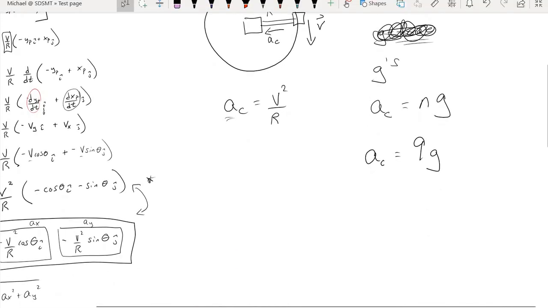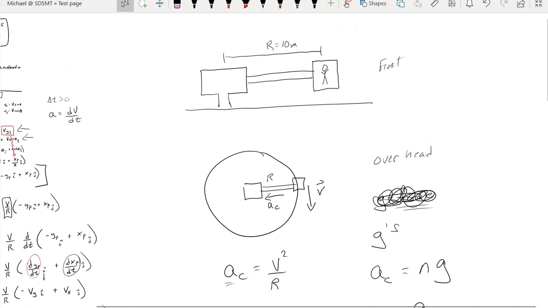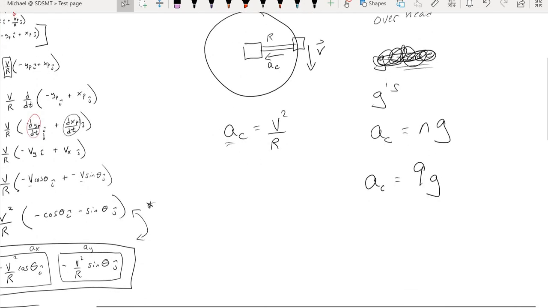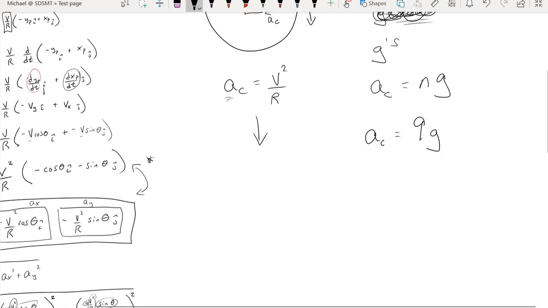So how fast do we have to get these astronaut candidates moving if they want to pass this test? Well, we'll take our expression for centripetal acceleration and we'll plug in 9 G's for the value of the acceleration.